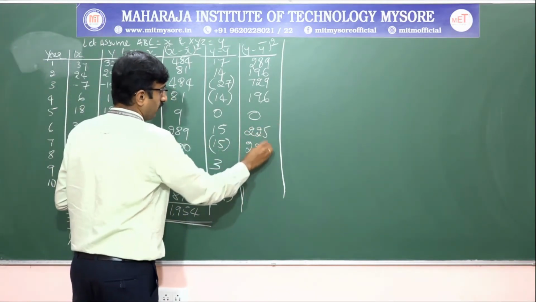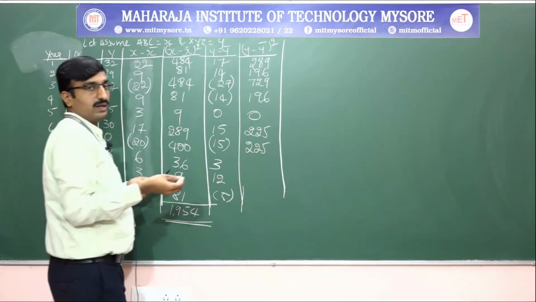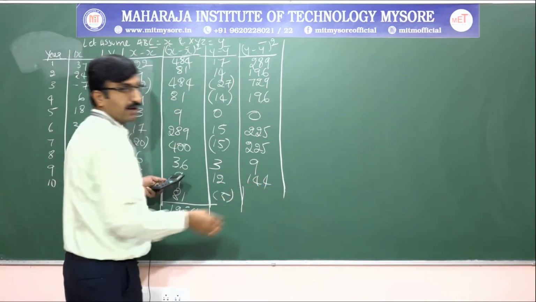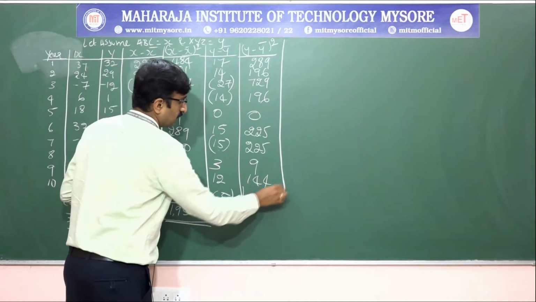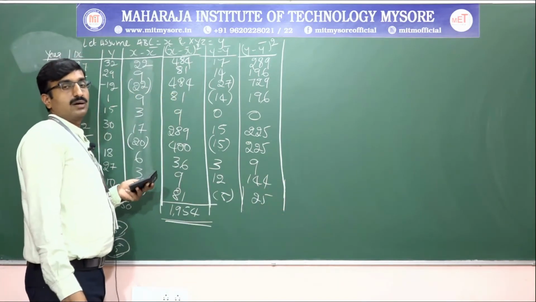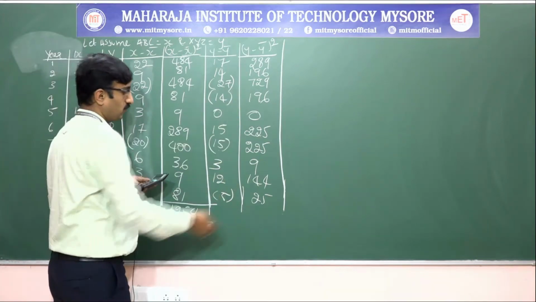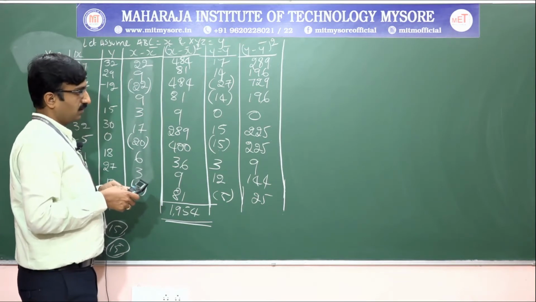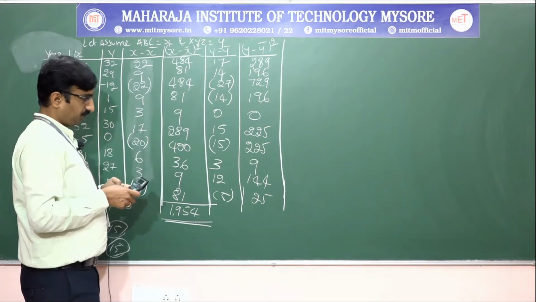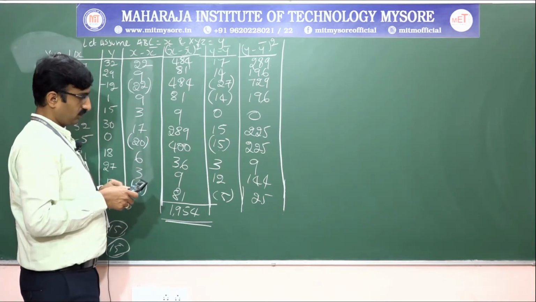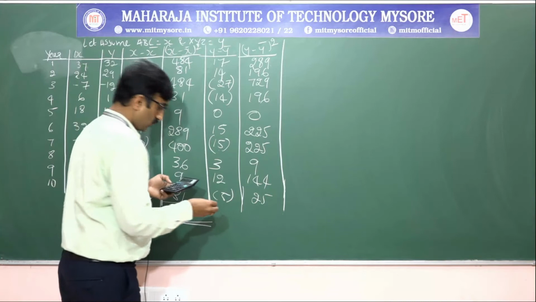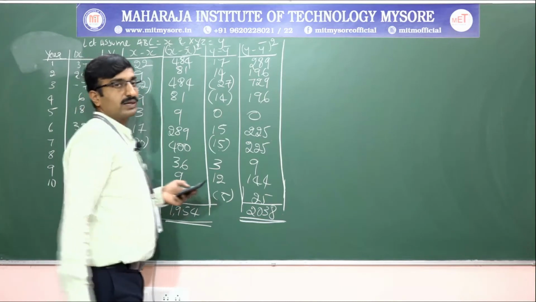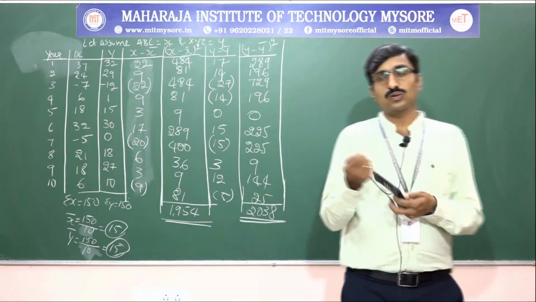Then same 225. Then 3 as usual, it is 9. 12, how much are you going to get? 144. And 5 as usual, it is 25. This is the value of y minus y bar whole square. Total of this you do it. So the total is 2038.